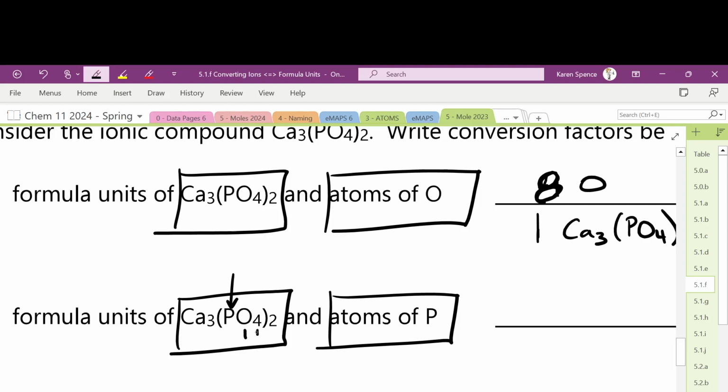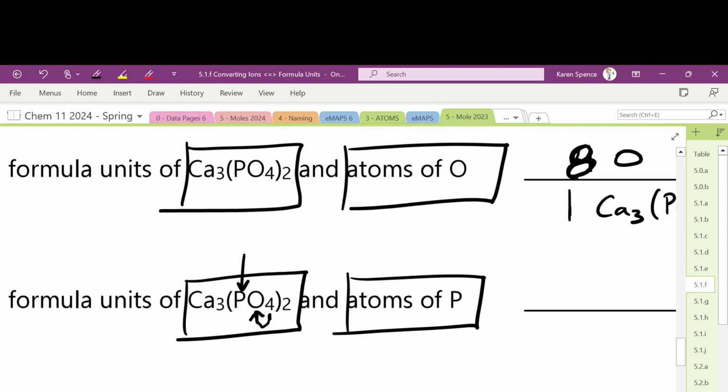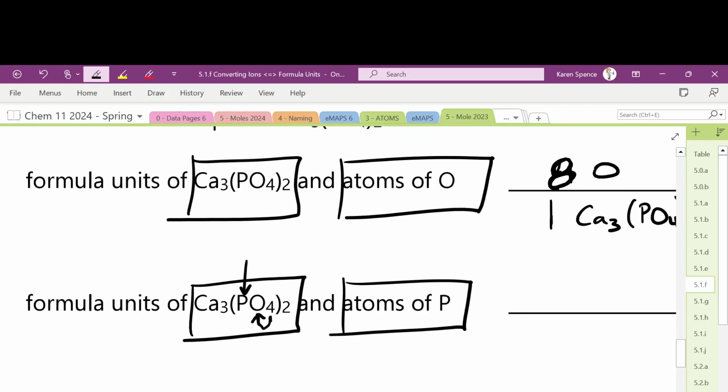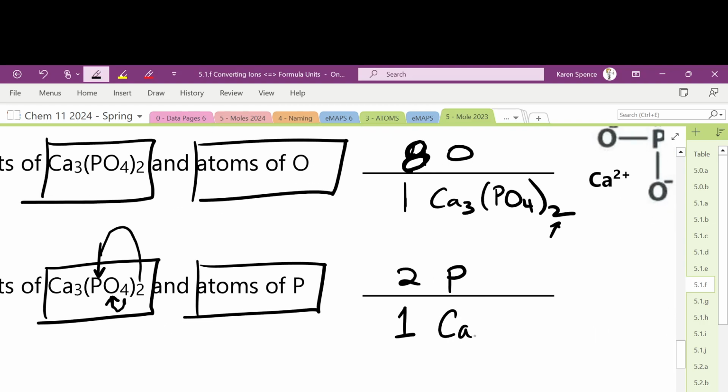This 4 applies only to the oxygen, okay? So inside the brackets, we've got a 4 for the O and no 4 for the P. So this is just going to be how many? 2. 2 phosphorus for 1 Ca3PO4, 2.